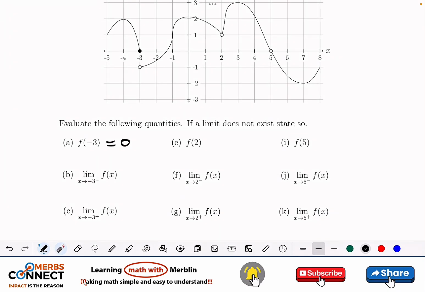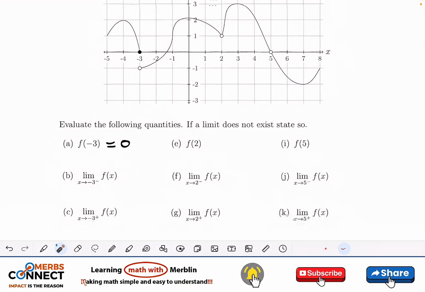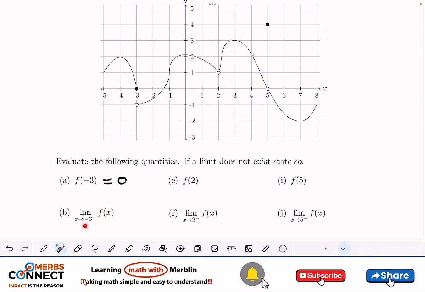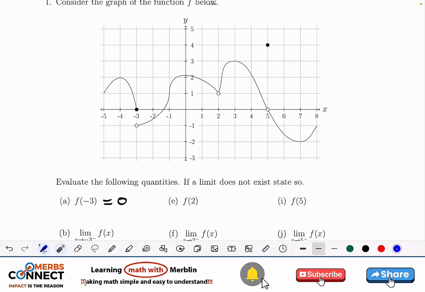Now let's look at B. B, we want to look at the limit as x is approaching minus 3, but from the negative side. So anytime you are dealing with a limit, this is what you need to do: look for what x is approaching. So x is approaching negative 3. Let's go to the graph. Negative 3 is here. So I'm going to draw a line which passes through negative 3.